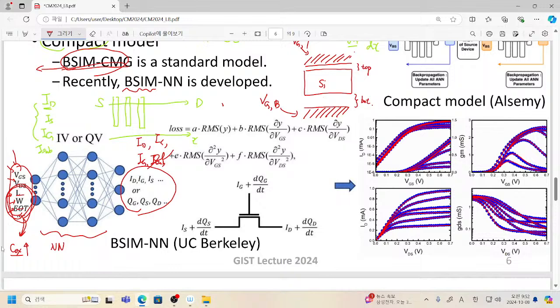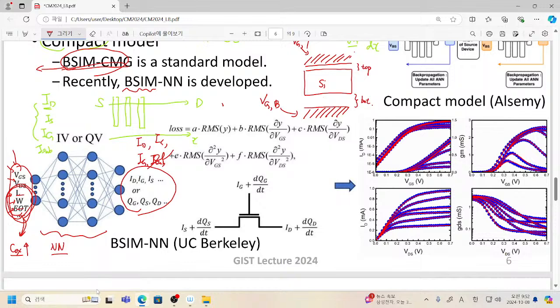Anyway, they can do it, and after spending some effort, they can fit the output characteristics amazingly. For example, here you can see red lines and blue dots. Blue dots are coming from the reference data, and red lines are obtained from the BSIM neural network model.